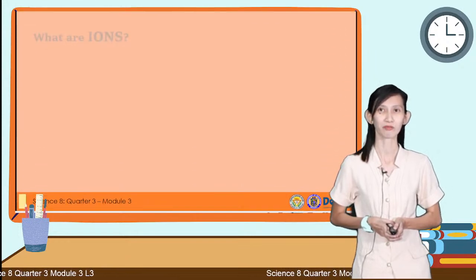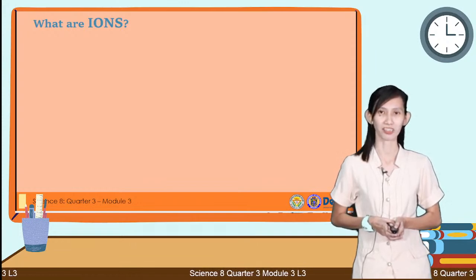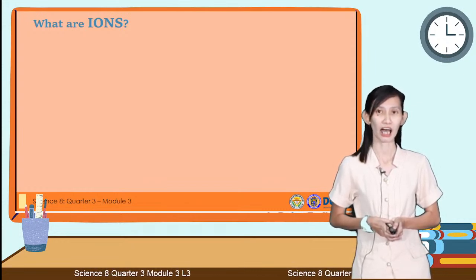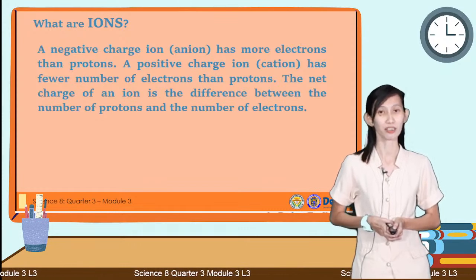So next, what are ions? Atoms may gain charges. This happens when electrons are lost or gained by the atom. When this happens, the atom becomes an ion. A negatively charged ion, or anion, has more electrons than protons.